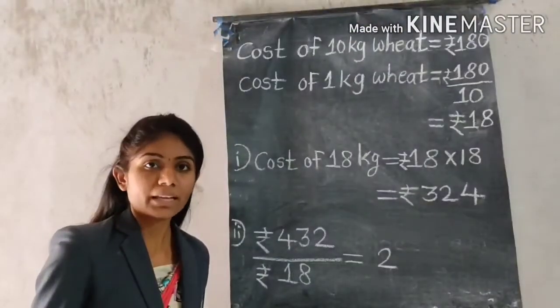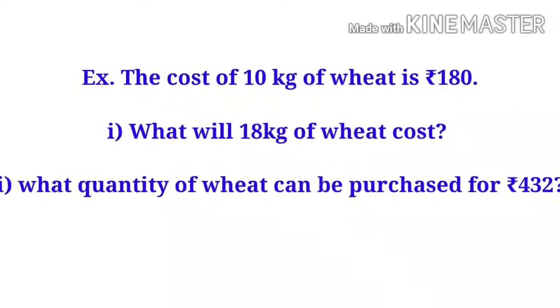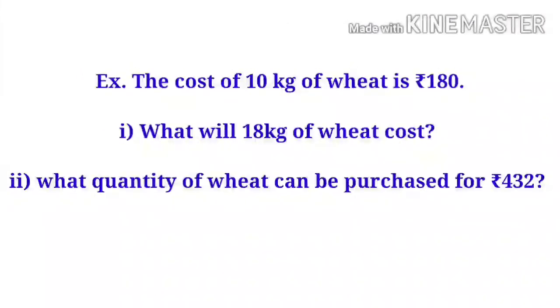The next example is: the cost of 10 kg wheat is equal to rupees 180. First find the cost of 18 kg wheat, and second find how many kg wheat can be purchased with rupees 432.